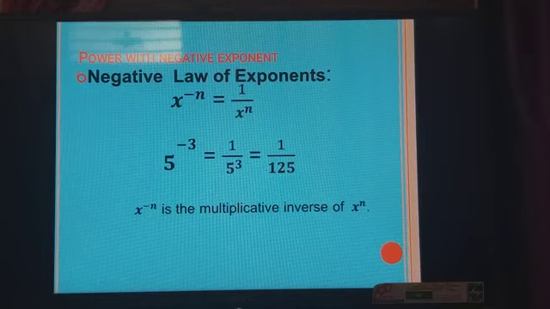From that very concept we get that x raised to negative n is the multiplicative inverse of x raised to n. It means that when we multiply x raised to negative n with x raised to positive n, we will get 1 as the product.